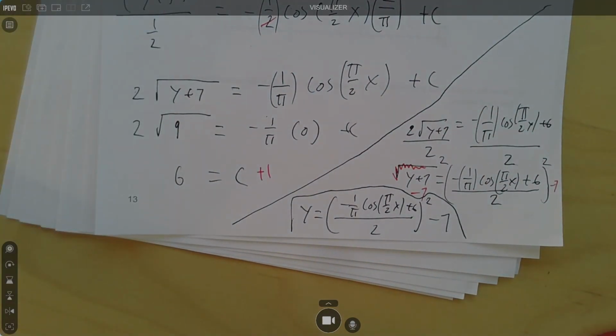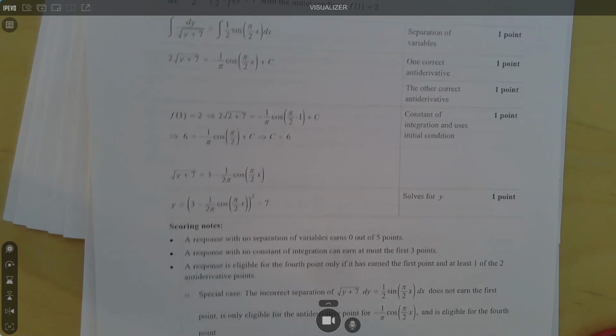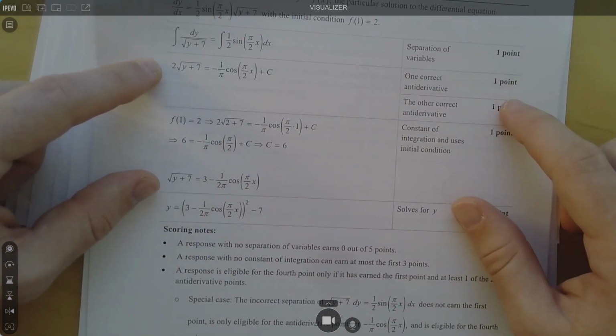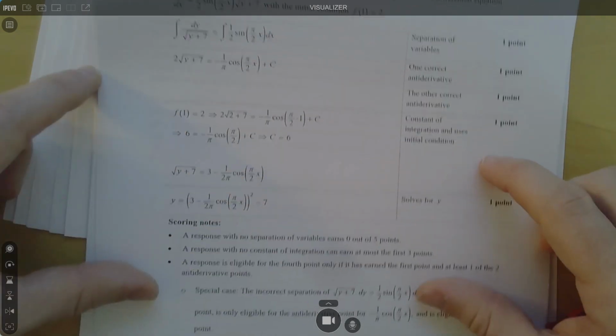And so this is me kind of showing all the steps. The answer key shows it without those intermediate steps, but you can see where the points are coming from. Separation of variables gets you that 1 point. Two antiderivatives, that's the 2 points. Constant of integration, solving for c, getting 6, that's another point.